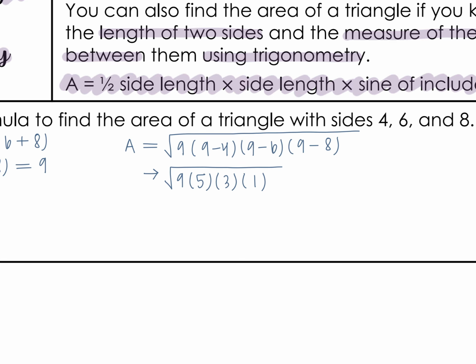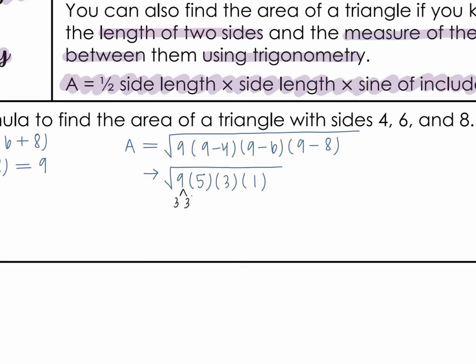Now, you can sit here and multiply all these numbers together, then turn around and factor them back down so that you can figure out how to simplify that radical. Or just stop there, look and see what you can break down from here. Looking at it, that 9 can be factored into 3 times 3. The 5, the 3, and the 1 are all going to be left how they are, because I couldn't break them down any.